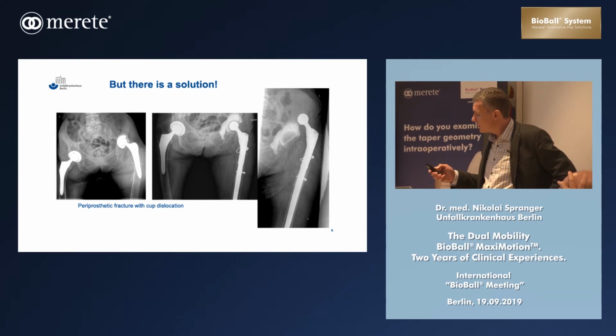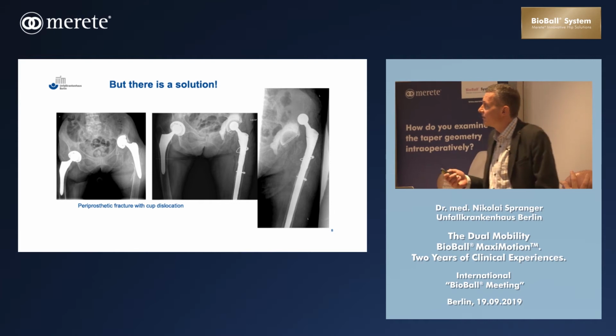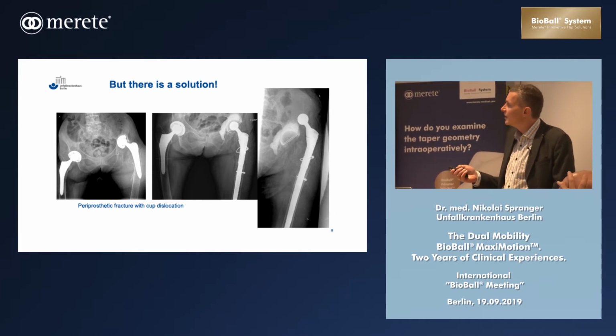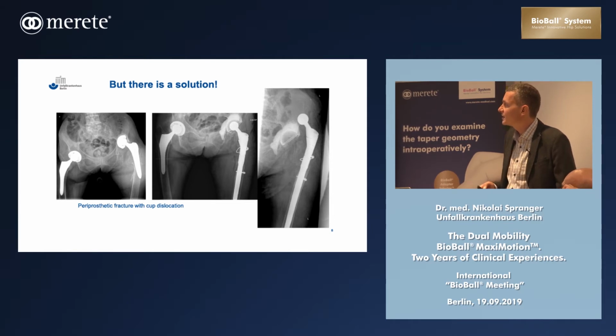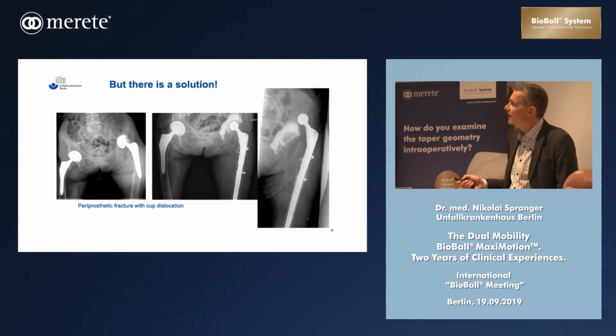The problem then, and this is the same in trauma cases, is that you have no stability in the upper part of the femur to the hip and to the rest of the pelvis. And then the second problem in this case is, I think, that the cup is not implanted in the right position.